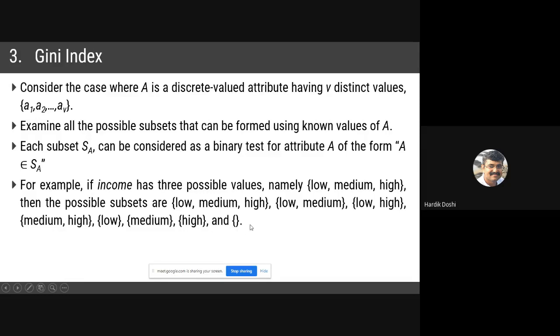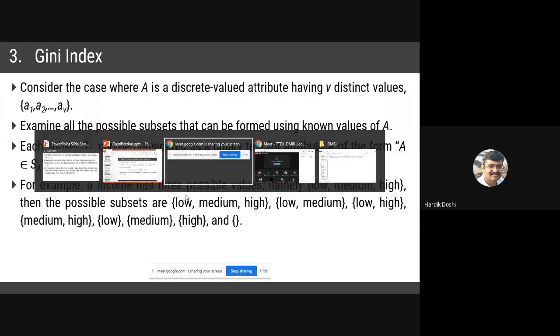So these are the subsets for this particular set. Now, can you let me know how many subsets are possible for n values? How many subsets for a given set are possible? Can anyone tell me?